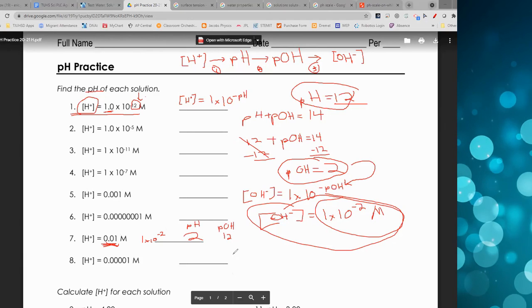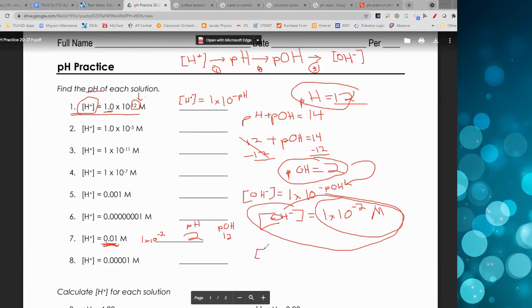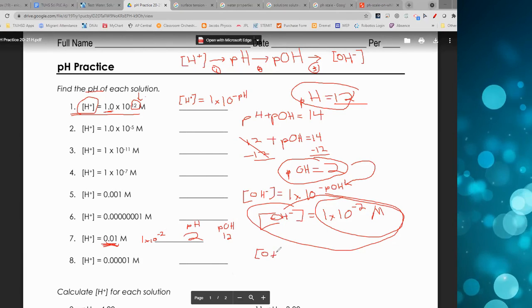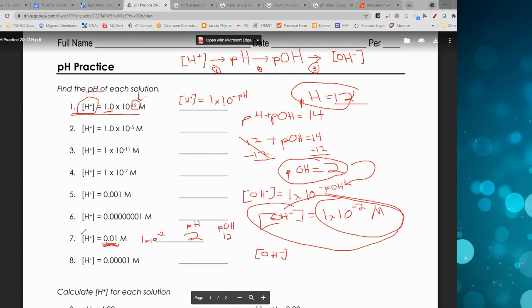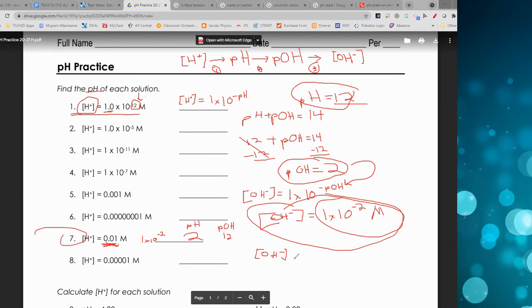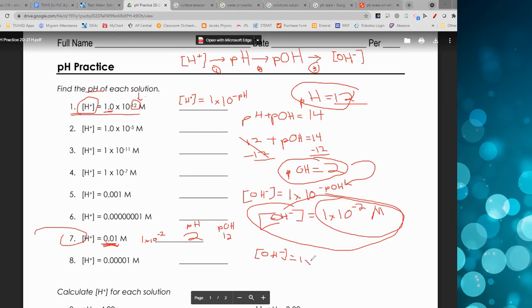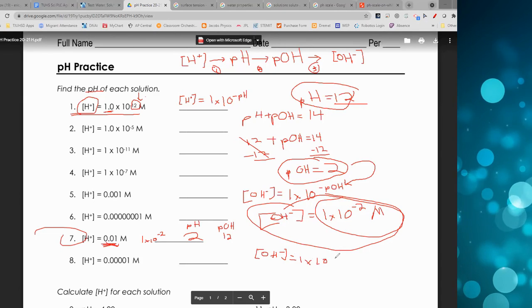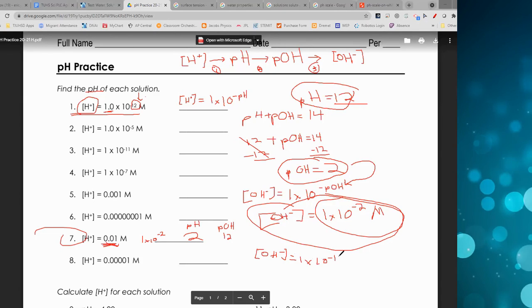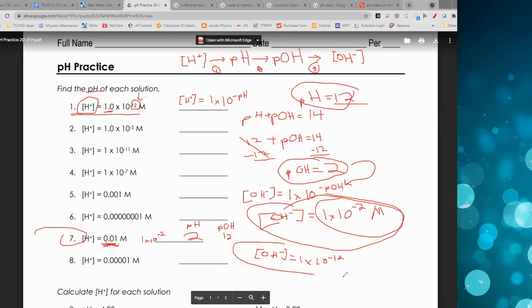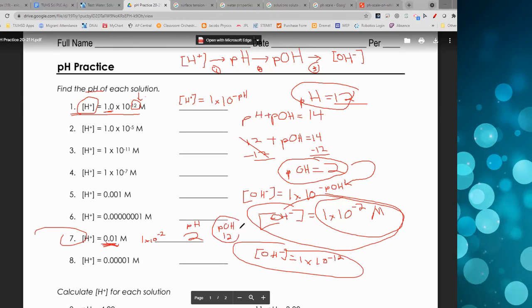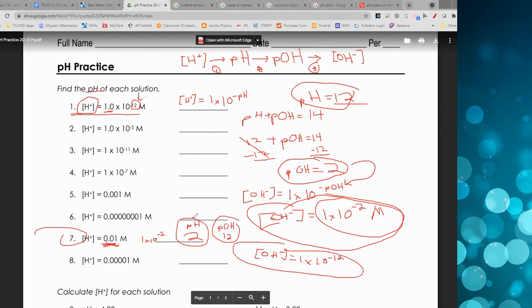So kind of the opposite of this. So then the concentration of OH minus, so again, right now I'm doing number 7, would be equal to 1 times 10 to the negative 12. So those are your answers for number 7.